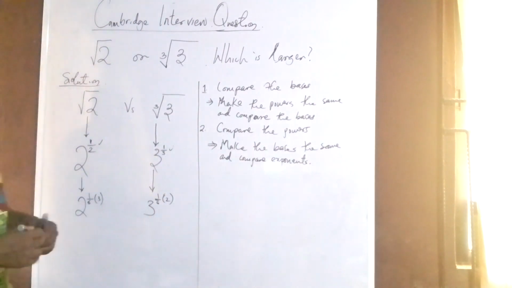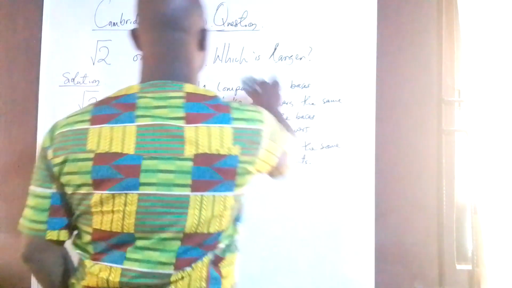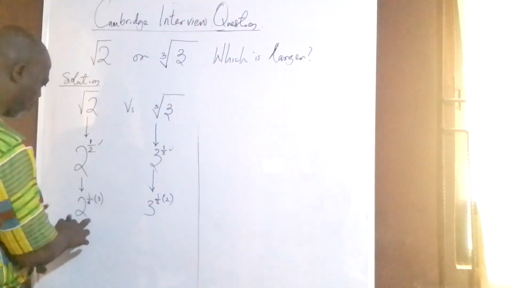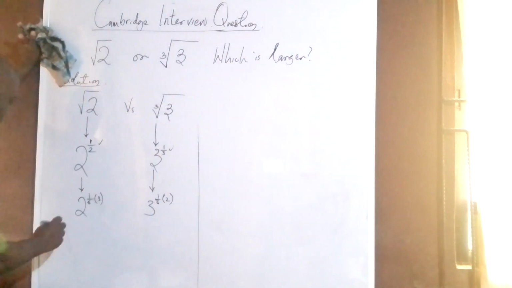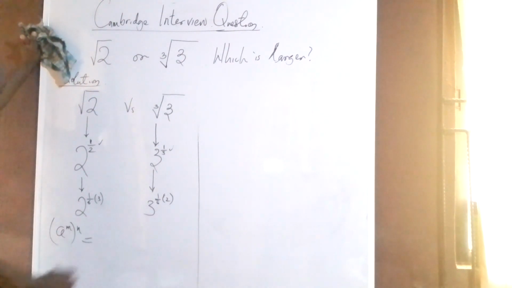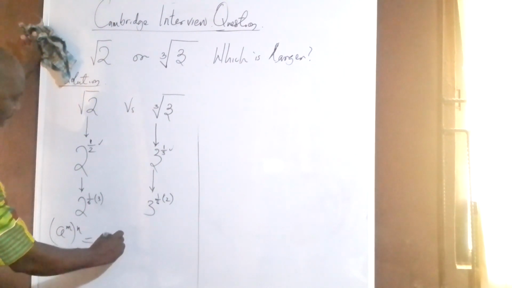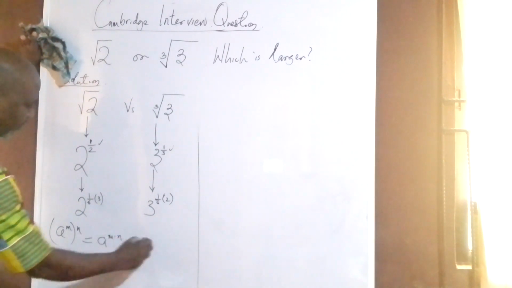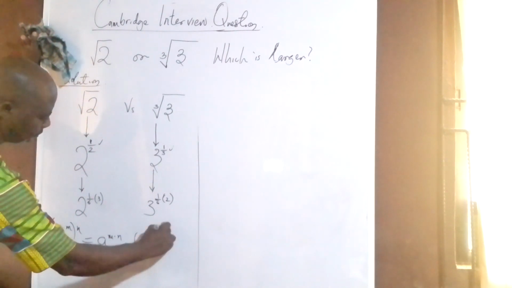From here, I'm going to apply this index law: if I have a raised to the power of m all to the power of n, I write it as a raised to the power of m times n.